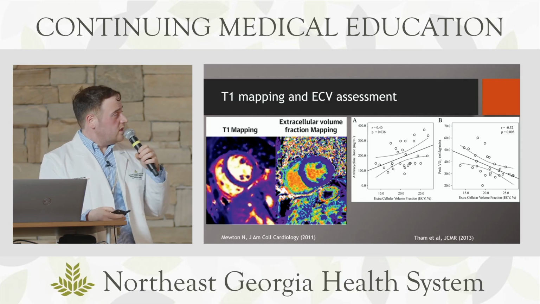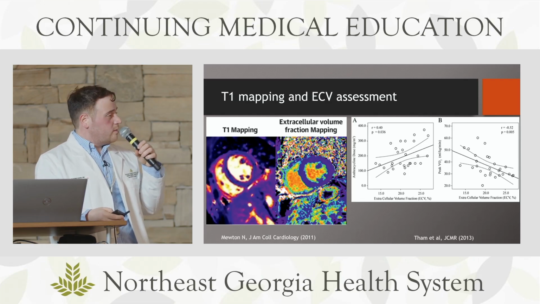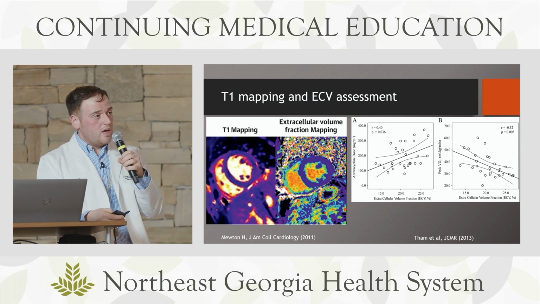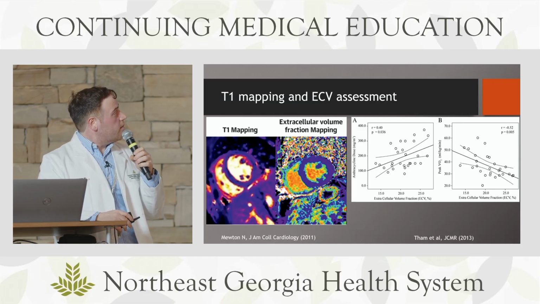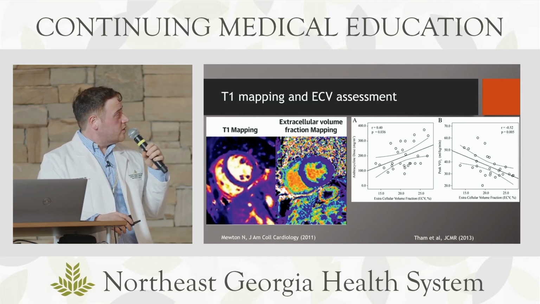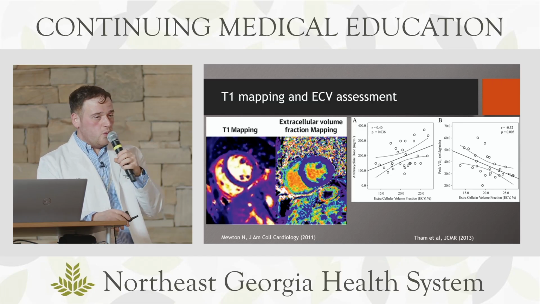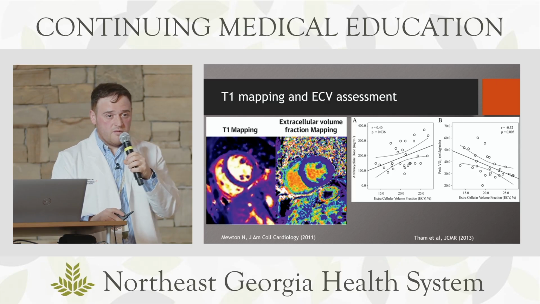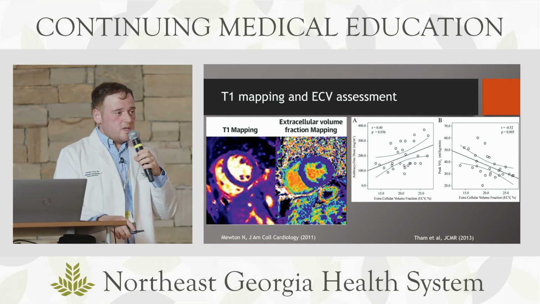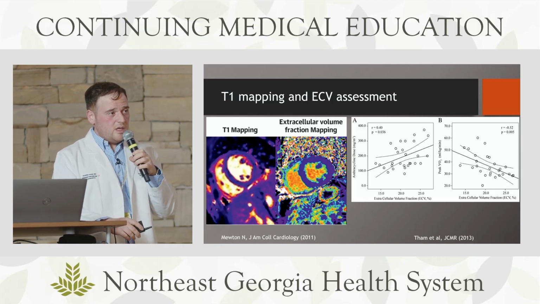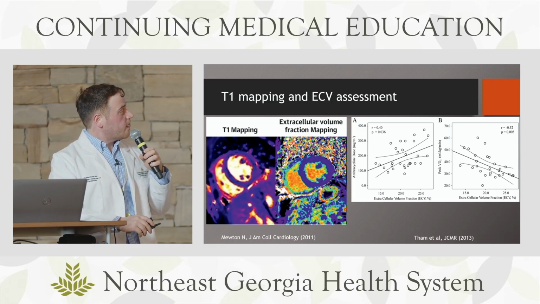In an old study in 2013 that was published in the Journal of Cardiac MRI, they assessed the extracellular volume in relation to two parameters. One of them was anthracycline dose, and the other one was peak VO2, or the exercise capacity of those patients. They found out that the higher the anthracycline dose used, the higher the ECV numbers were.